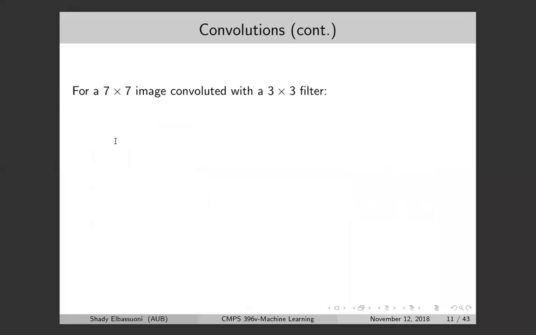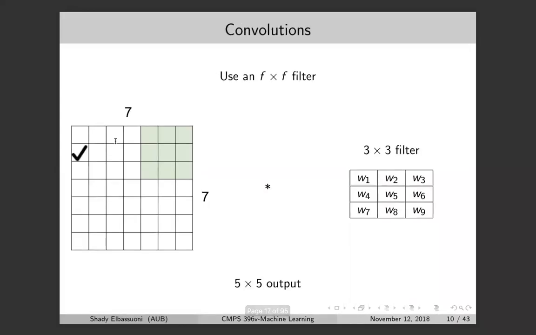So doesn't this make us have fewer weights? The problem was that we have too many weights. Yeah, it does. I disagree with you. It does because you're using the same weights. So you're not having a weight per feature as before in the fully connected neural network, where you would have a weight for every pixel.